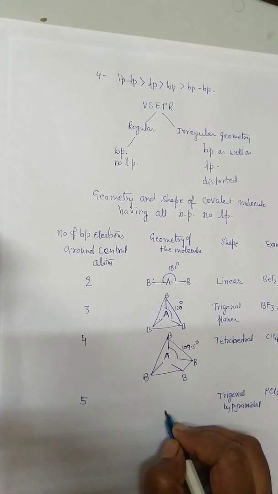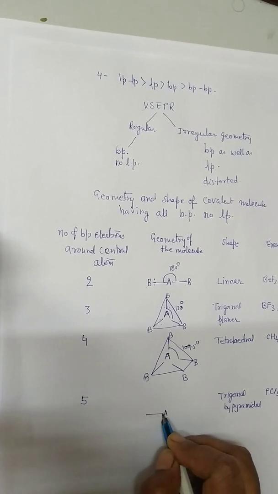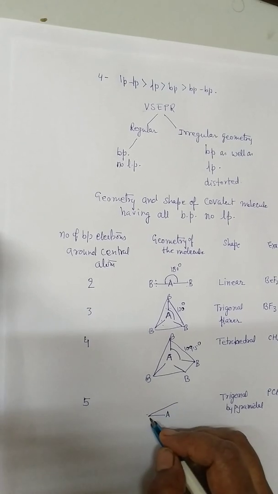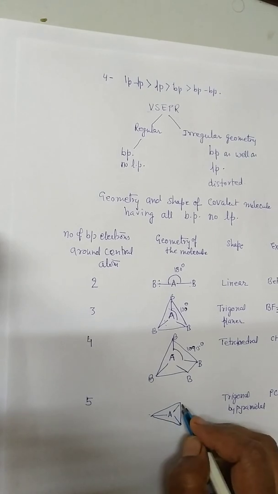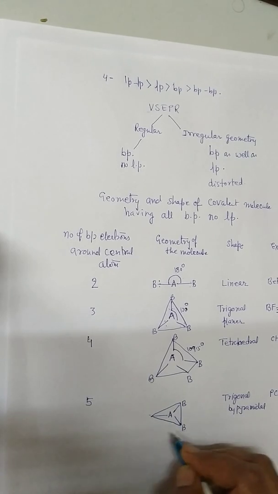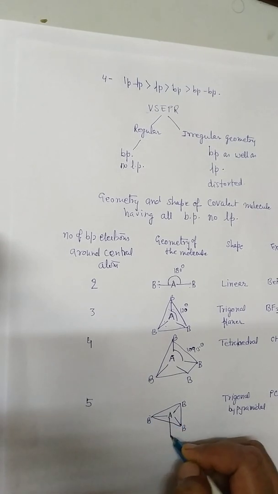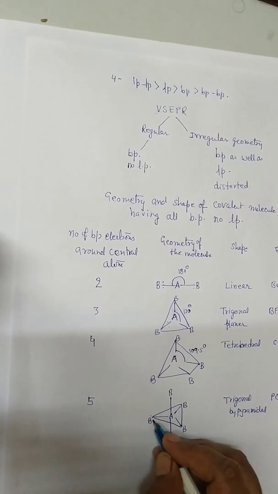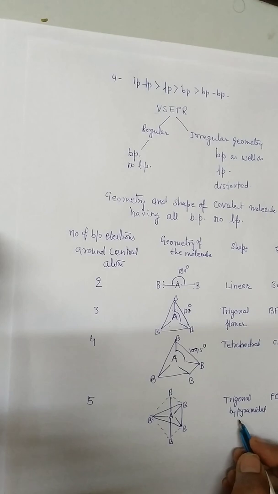The central atom is in the center and the 3 bond pairs are in a triangular shape, B, B and B. 3 are at the equatorial plane and 2 are at the apex and the bottom of the pyramid, and they give rise to the triangular bipyramidal shape.